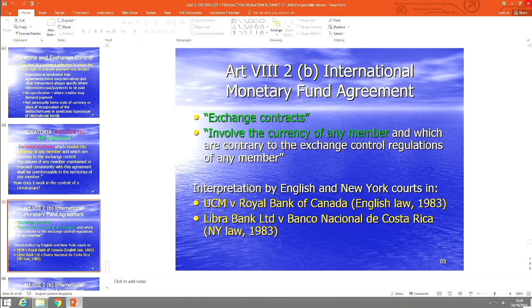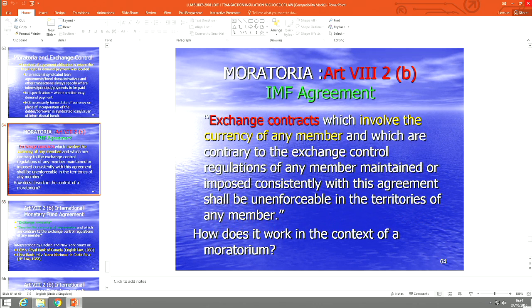The second reason advanced by both the UK courts and the US courts in New York, applying New York law, was this, that Article 8.2b requires that the exchange control regulations, let me take you back to the language, exchange contracts which involve the currency of any member state and which are contrary to the exchange controls of that member.